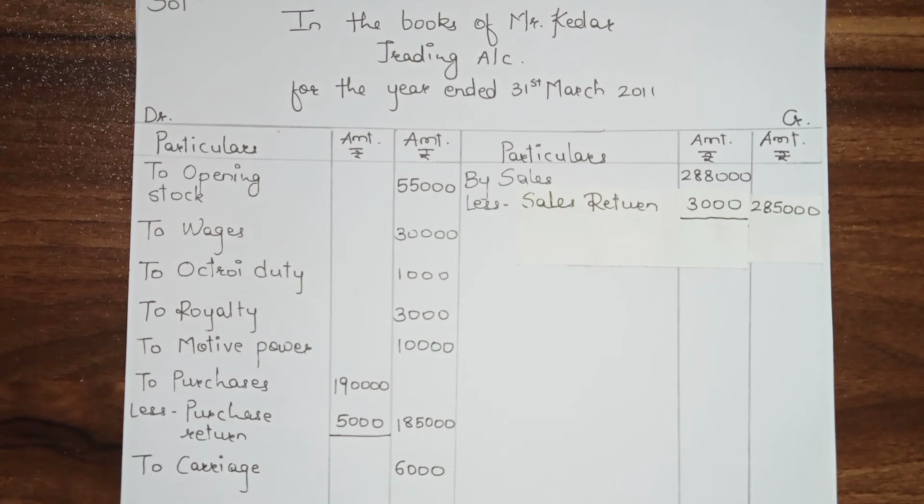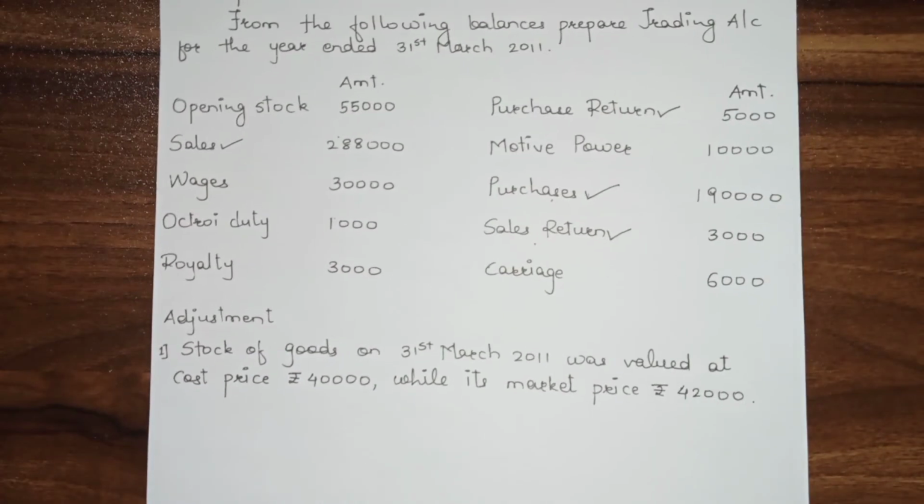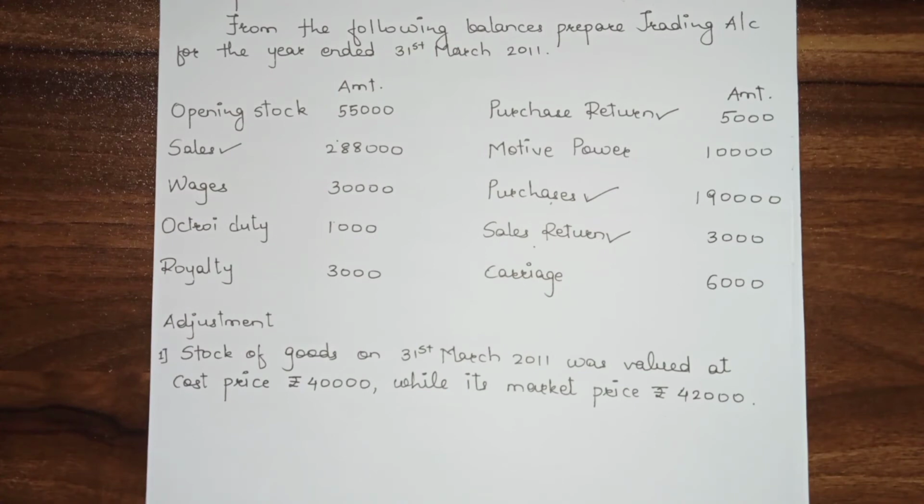Now we have to shift towards the adjustment part. So here this is the adjustment. We have already discussed that this is the closing stock of 31st March 2011. We have to write down the stock in the credit column of the trading account, because this amount is going to be the opening stock in the next financial year. But this year it is a closing stock, so we have to write it in the credit column.